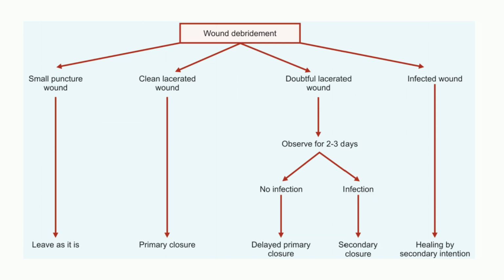In a doubtful lacerated wound, observe for 2-3 days. If there is infection, then it will need a secondary closure, and if there is no infection, then a delayed primary closure. In an infected wound, healing by secondary intention.